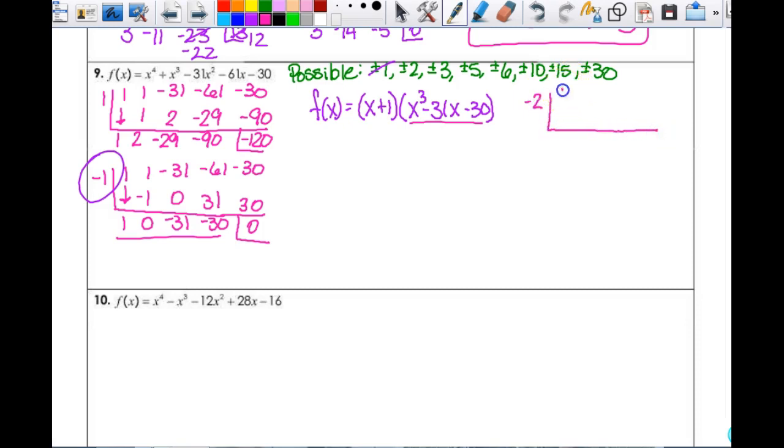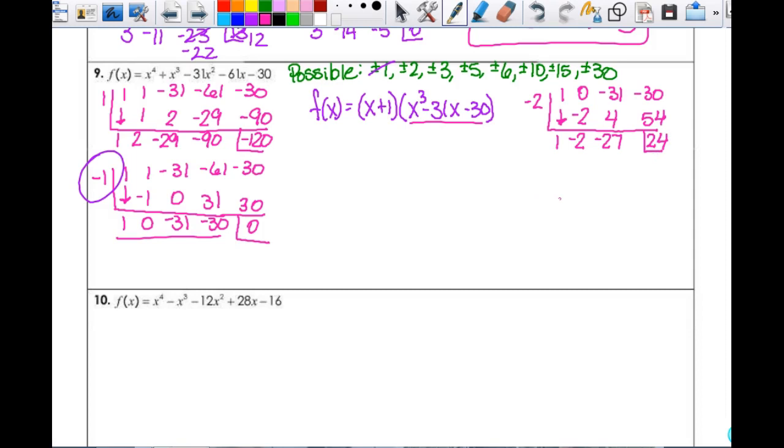And that gives me 1, I'm starting with 1, 0, because I'm using this, to just use this one, makes it a little smaller, minus 31, and -30. So try -2, see what happens. So -2 doesn't work.